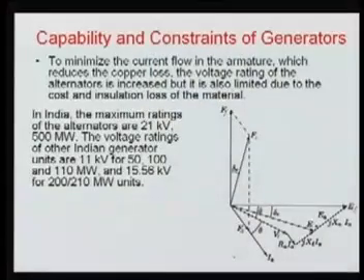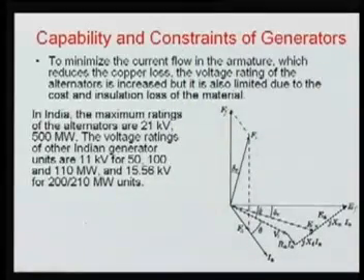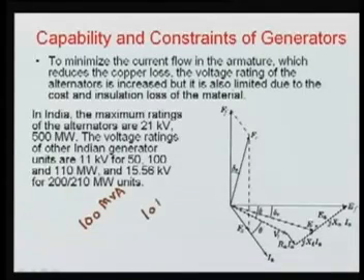To minimize the current flow in the armature, which reduces the copper loss, the voltage rating of the alternator is increased, but it is also limited due to the cost and the insulation of the material. As I said, if you want to go for higher power, suppose you have a machine of 100 MVA and your voltage is, let's suppose, 10 kV.